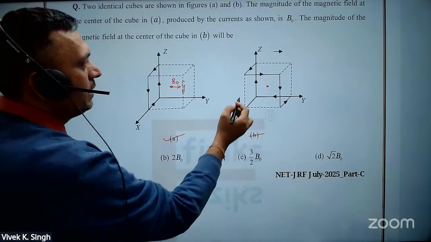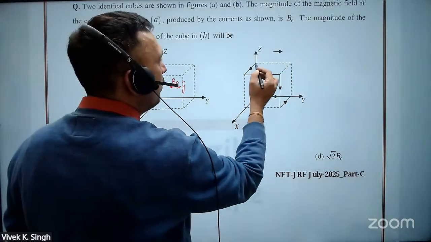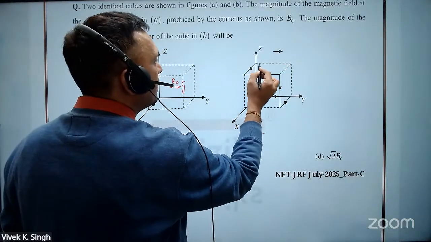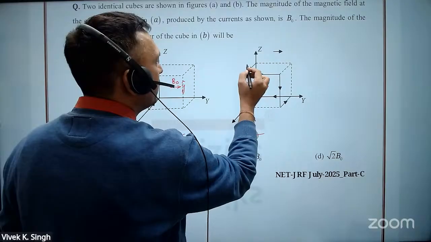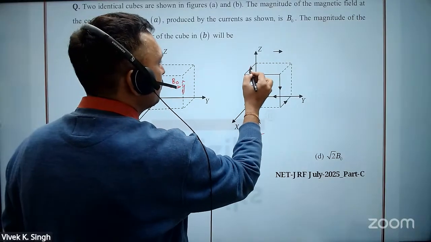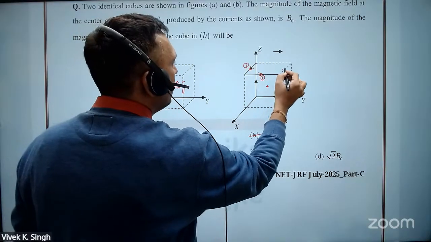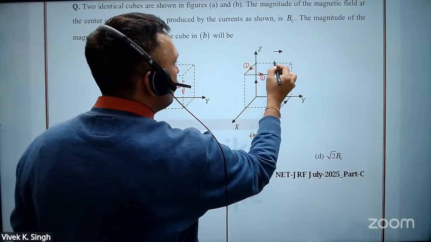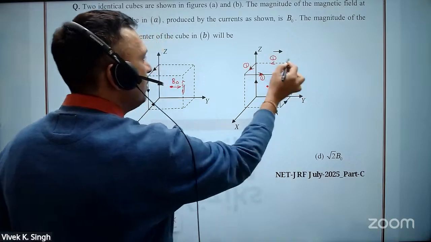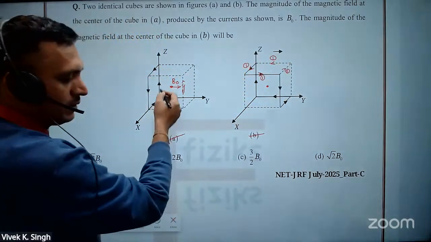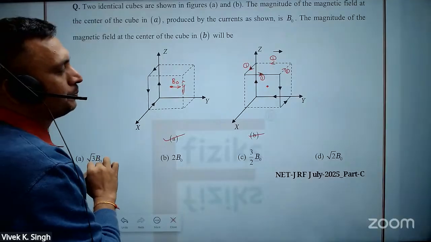Let us first consider this as loop 1. So I am taking this upper one as loop 1, and this will be the direction of current. If you are considering a complete loop, it will be like this. Call it loop 1.